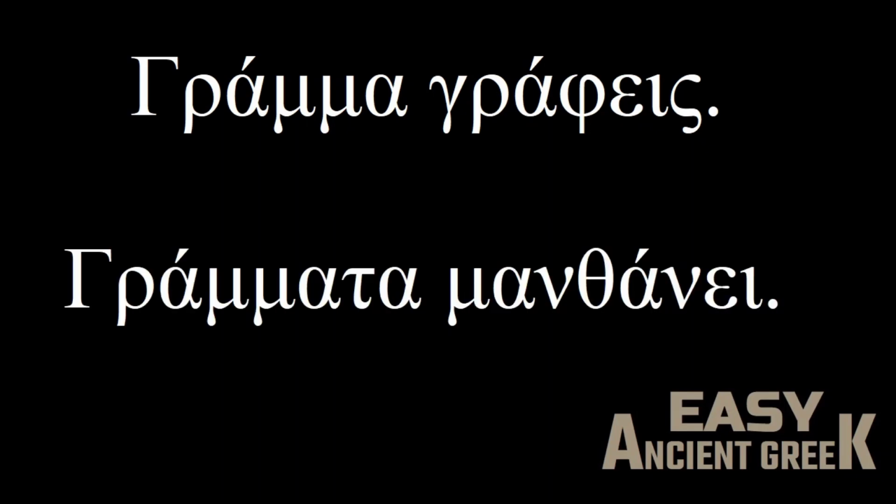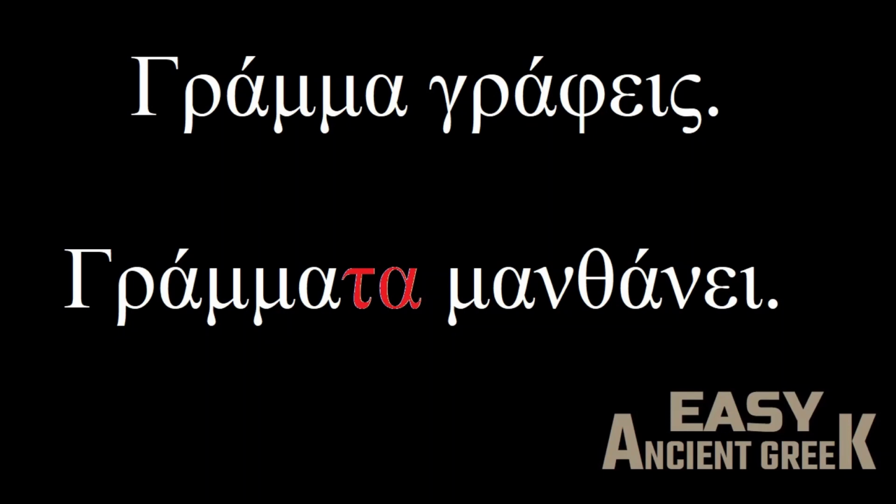And now, what do you think this means? Gramata mantani. He or she learns letters. The ta ending makes these types of nouns plural, and also is the plural version of the.